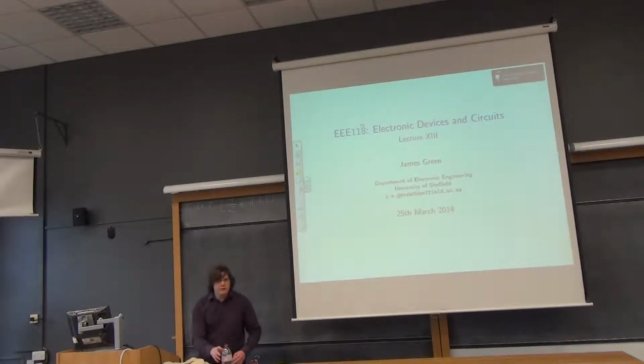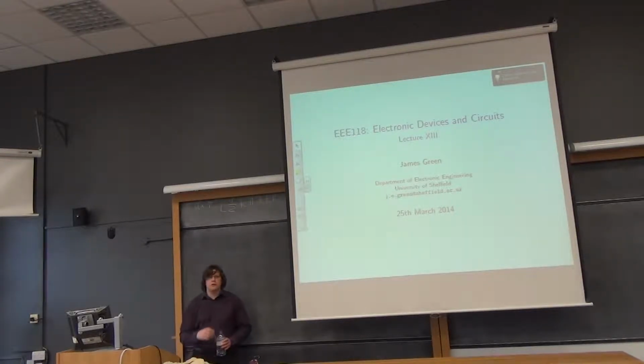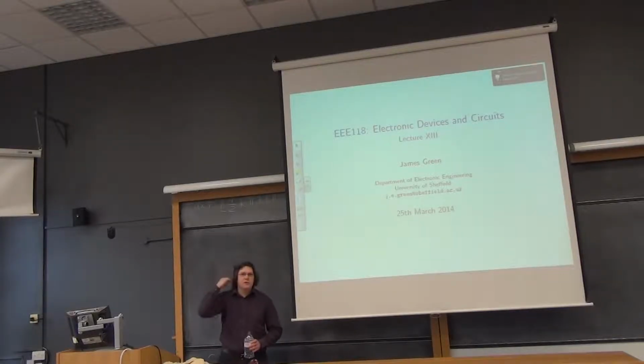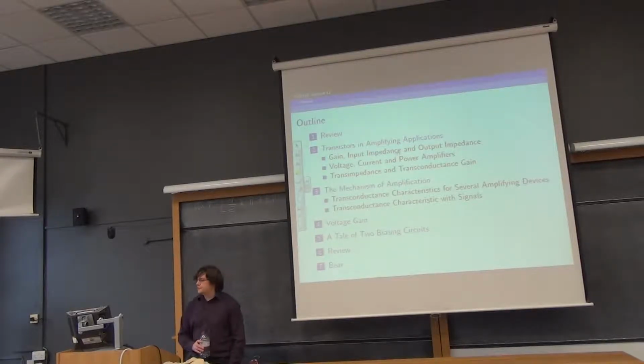So on to the material of today. This is our first lecture on amplifiers, and I've given you out some written notes. The outline for this lecture is that we will discuss transistors in amplifying applications, and we will talk about their characteristics that we're interested in, which is gain, input and output impedance, voltage and current and power gain, and transimpedance and transconductance. And then we will spend a little bit of time looking at how amplifiers actually do the job of amplifying.